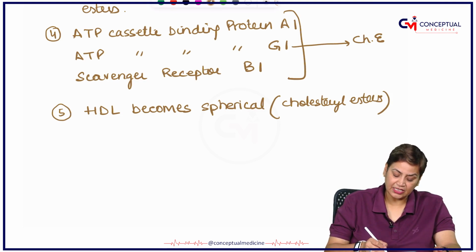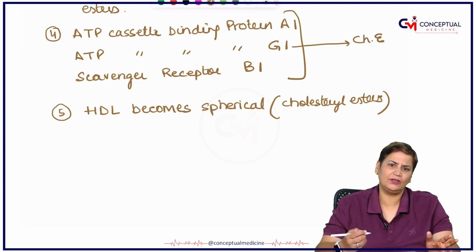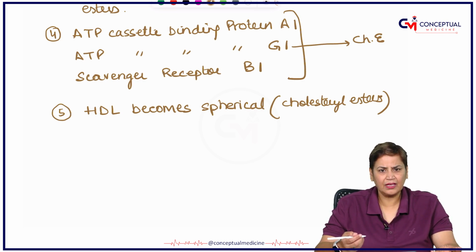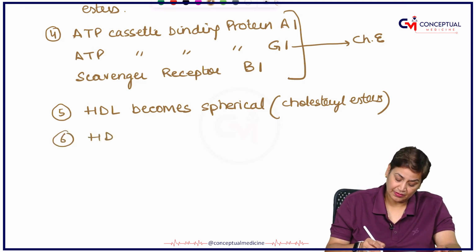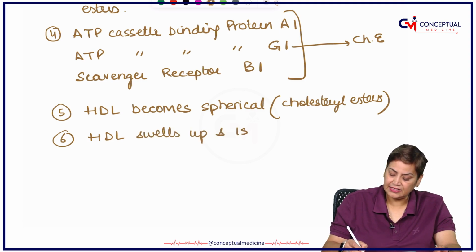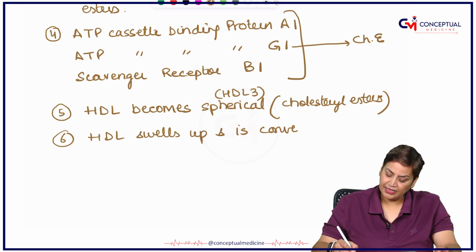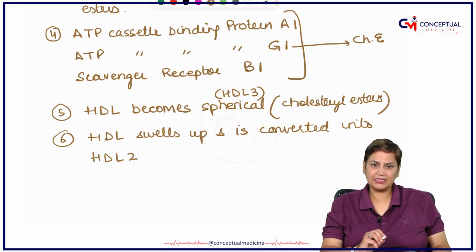Now this HDL is also known as spherical HDL, or we can simply call it HDL3. It will keep on accepting cholesterol, so HDL swells up and is converted into spherical HDL2, because it is accepting.